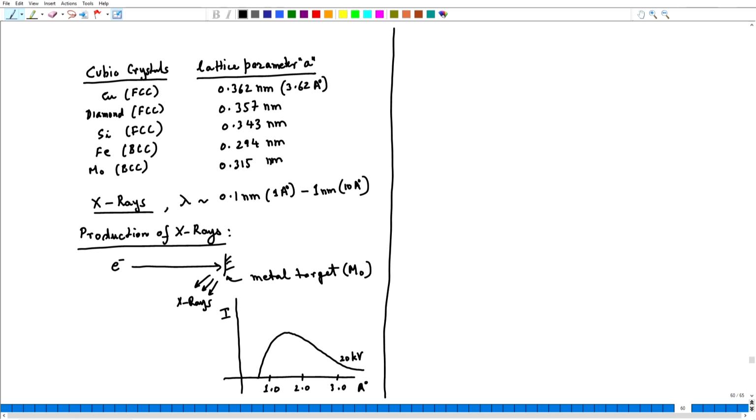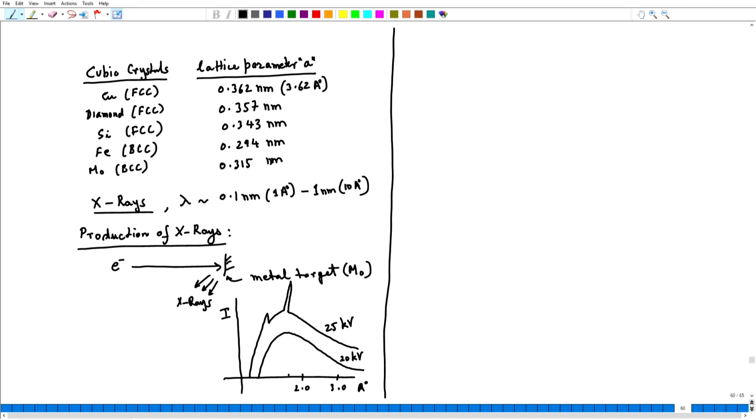Now, if I increase this accelerating potential to, let us say, 25 kilovolts, then we get some interesting effects. This could be at 25 kilovolts. This is really not drawn to scale, but let me just shift this a bit.